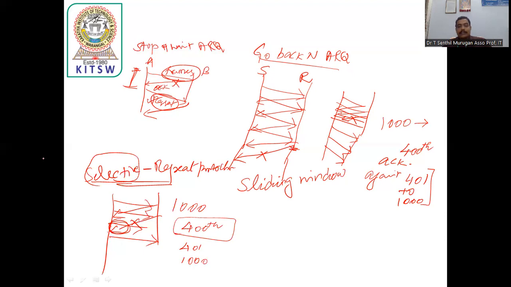Then there is a concept called piggybacking. What is piggybacking? Piggybacking means that when an acknowledgement has to be sent by the receiver, it does not send the acknowledgement immediately. Instead, whenever it sends its own data, it sends the acknowledgement along with the data. That is piggybacking.